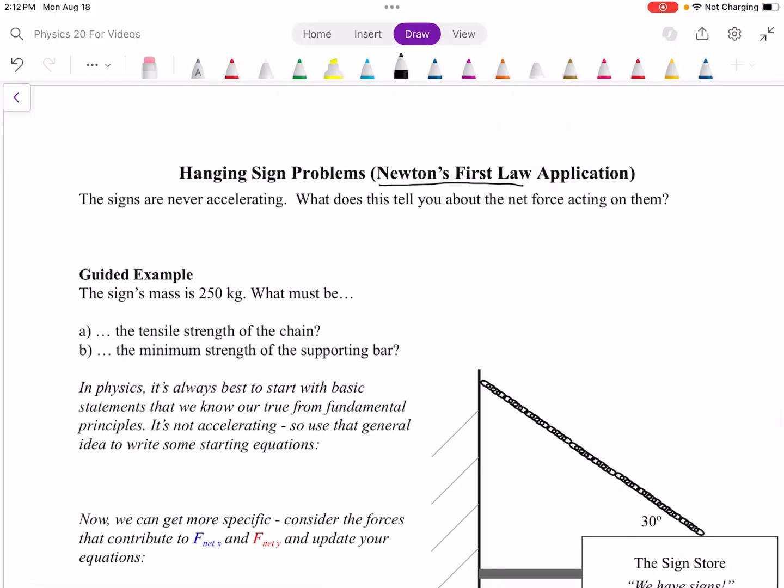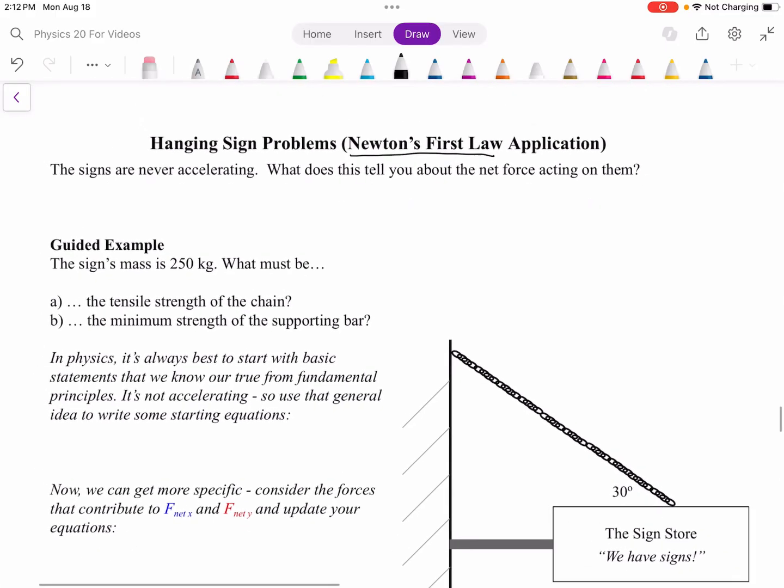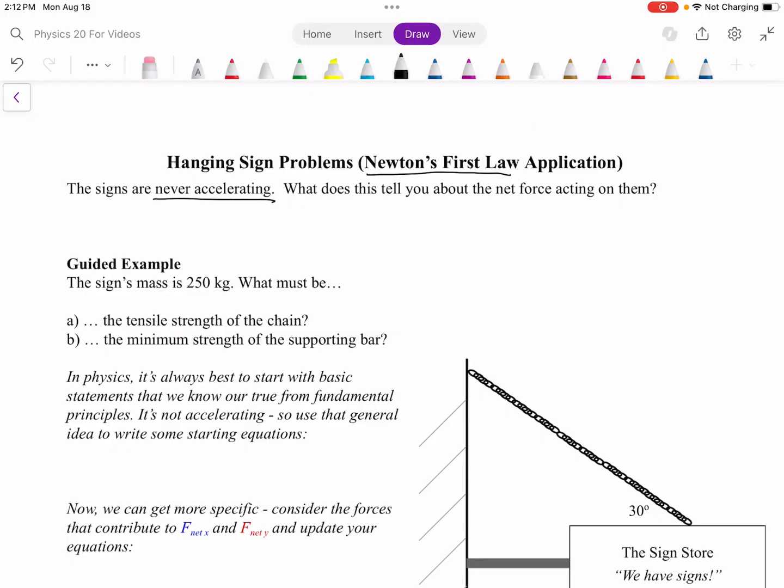Okay, now, if all went well and we hung it properly, the sign should not be accelerating, right? Otherwise, it's not good. It's falling or it's moving in a way it shouldn't be, right? It's a hanging sign. So, if the signs are never accelerating, what do we automatically know about the net force that's acting on them? Right, it needs to be 0.